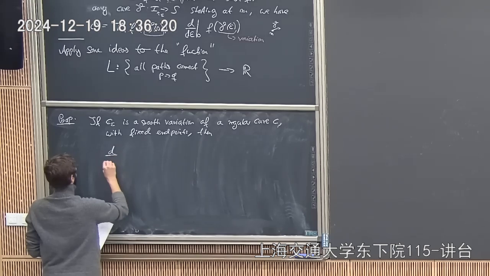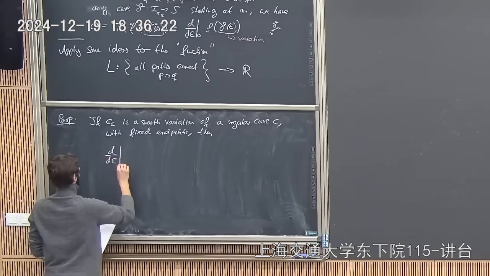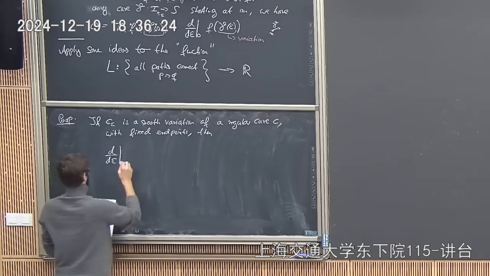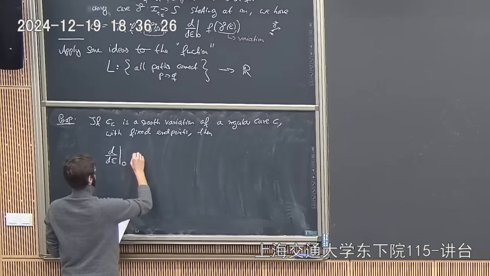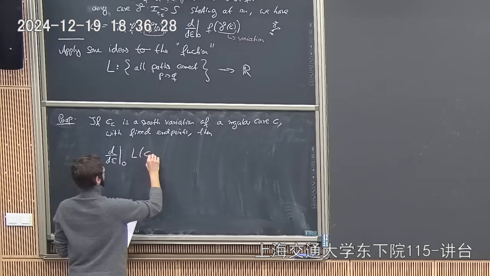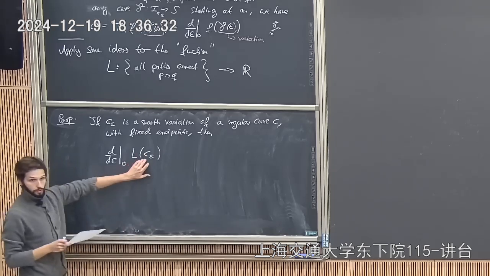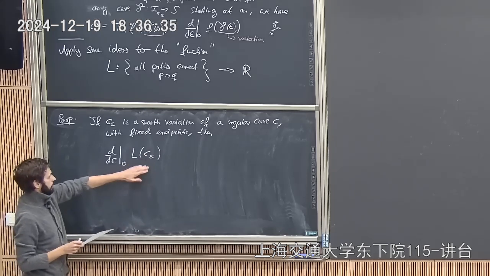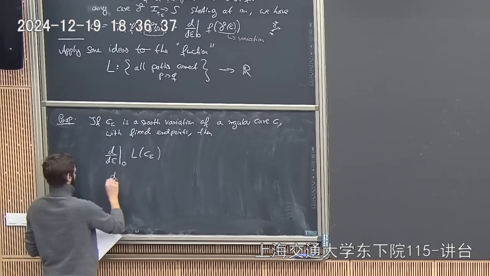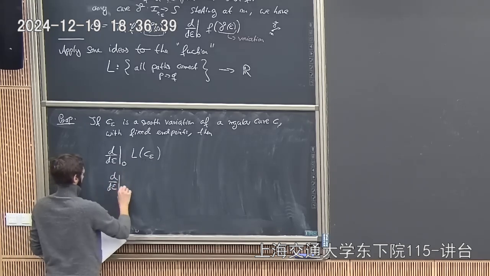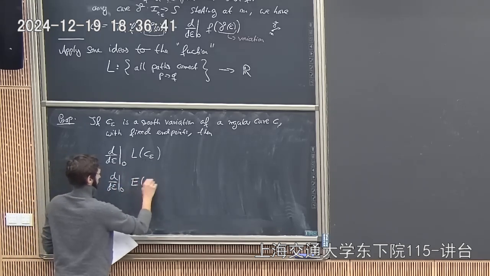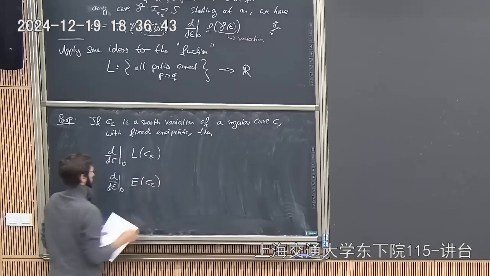What we want to do is calculate d by d epsilon at epsilon equals 0 of the length functional applied to a curve that depends on epsilon, and similarly d by d epsilon at 0 of the energy functional.